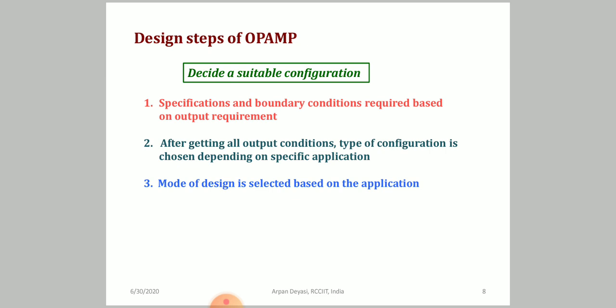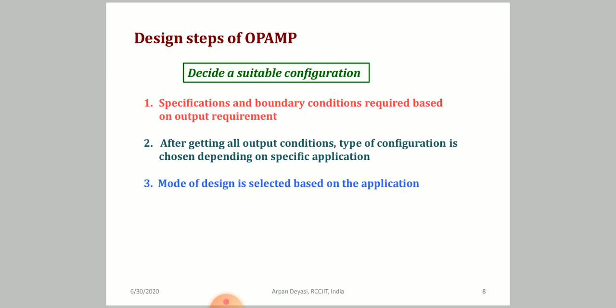What are the specifications and boundary conditions? The gain, CMRR, maybe PSRR, power supply rejection ratio, slew rate, noise, bandwidth, temperature range. These are extremely important. So you have to consider these specifications and boundary conditions.